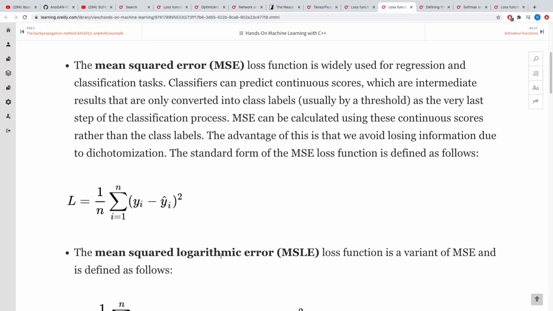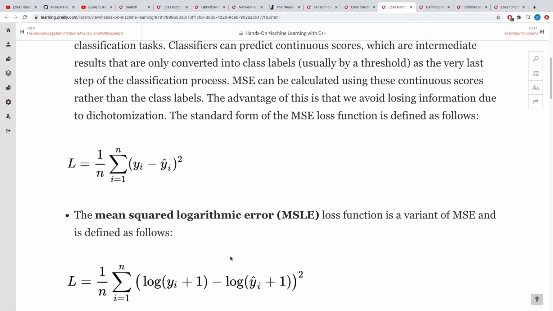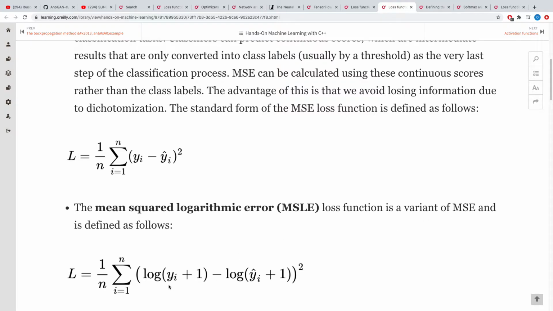You also have the mean squared logarithmic error. The only difference is that you add a log to each of these, and you add a 1 there. I think the 1 is to offset when your y_i is zero, because log of 0 is undefined. Log 1 is 0.